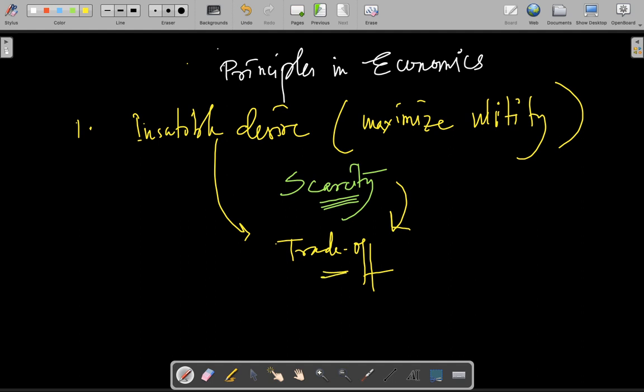Now, the moment I speak about trade-off, I am talking about many decisions, some of which you can take and some of which you cannot take. Now, try to recall when we learned the idea of cost. We learned a concept called opportunity cost, right?